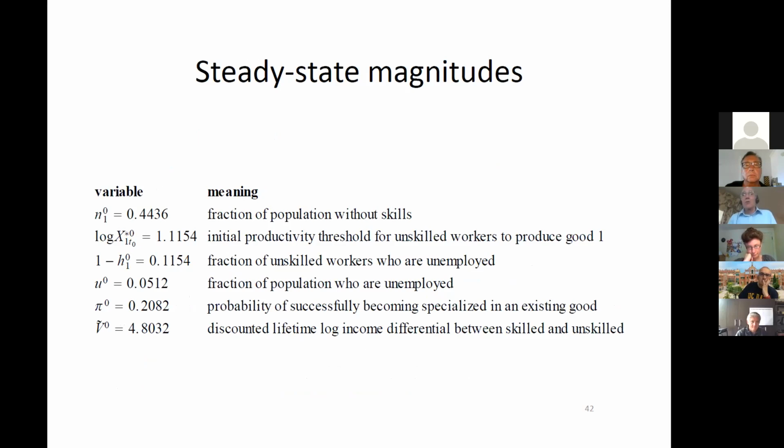And so you take those values for the exogenous parameters, they imply values for various steady state magnitudes. So for example, the steady state fraction of unskilled is 44%. That turns out to be the equilibrium implication. If you remember, the unskilled goods account for 40% of spending.